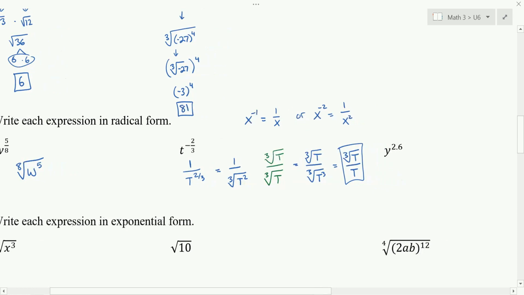If you have a decimal like this y to the 2.6, change it to a fraction, because that's what we're working with, fractional exponents. And the decimal doesn't make as much sense when you're working with this. So to change a decimal to a fraction, not a big thing. If you have one decimal, you just drop the decimal and divide by 10.